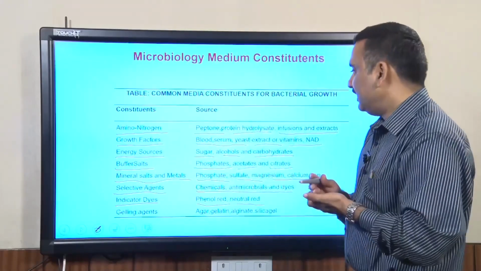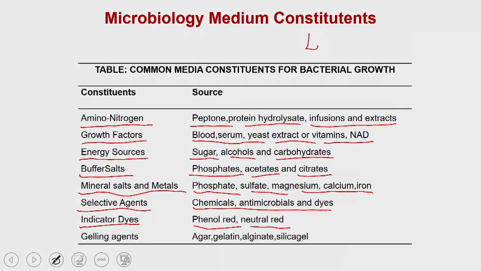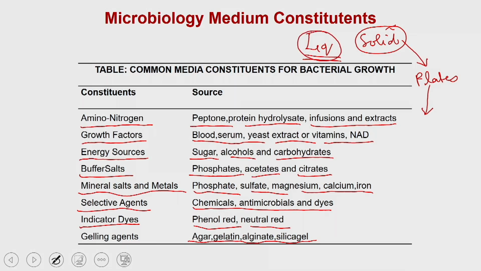And at the end, these media could be in liquid form or in solid form. For liquid media, you constitute all these molecules and it gives you the liquid media, whereas for solid media you have to provide a gelling agent, for example agar, gelatin, or silica gel, so that it becomes a solid media and you can generate plates, because some organisms prefer to grow on a solid surface compared to liquid media.